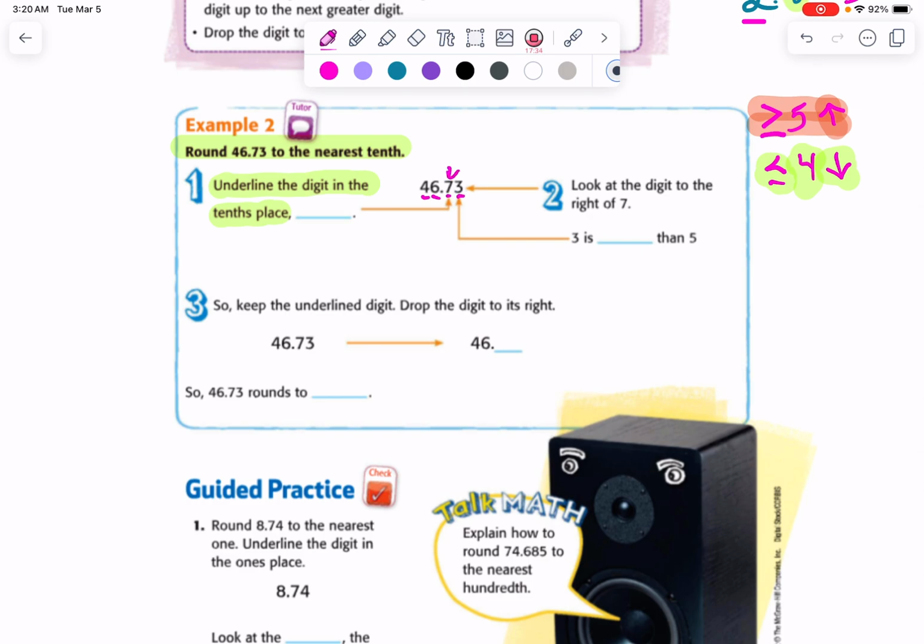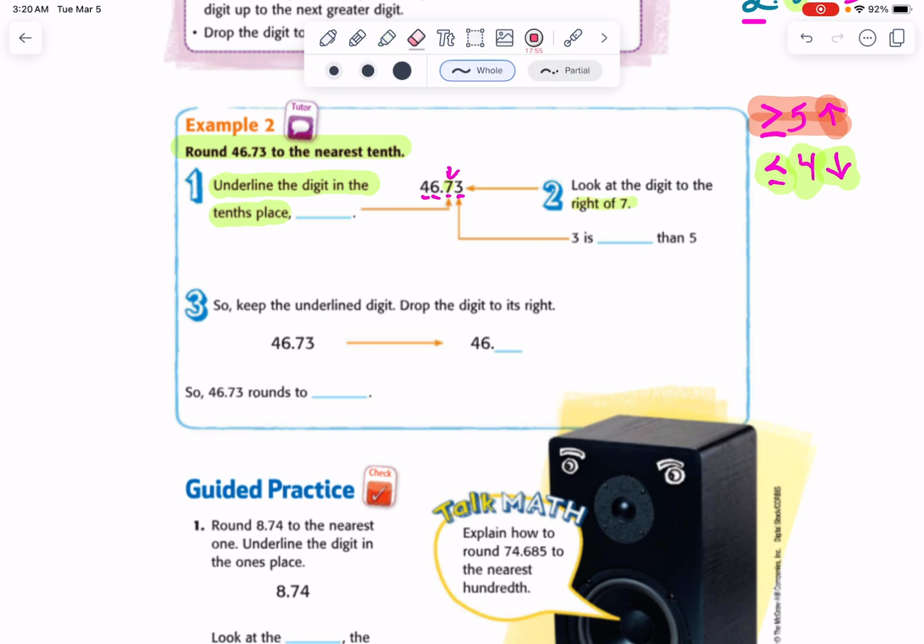So this right here, the 7 is our tenths place, right? I'm going to highlight because I underlined everything. Maybe if I make this smaller. This is the tenths place. Very good. Okay. So it says look at the digit to the right of the 7.